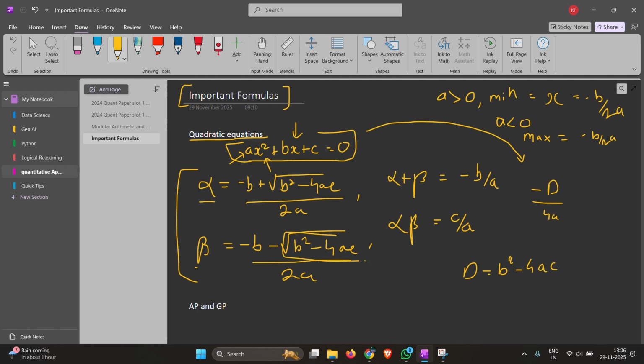This part over here is the discriminant, the D. This also helps us identify whether the roots of the equation are real or not. If this is greater than 0, we have real and distinct roots for the equation. If this is equal to 0, we have real and equal roots, and if this is less than 0, then we have imaginary roots for a quadratic equation.